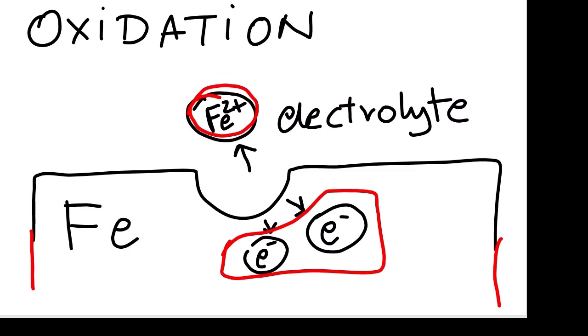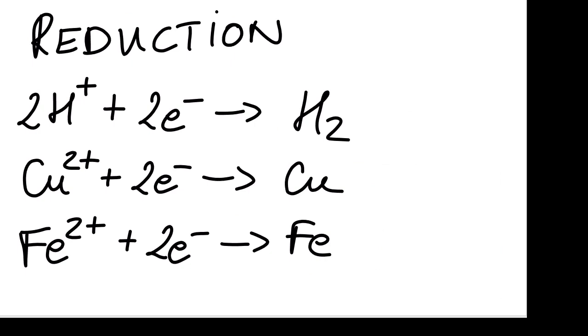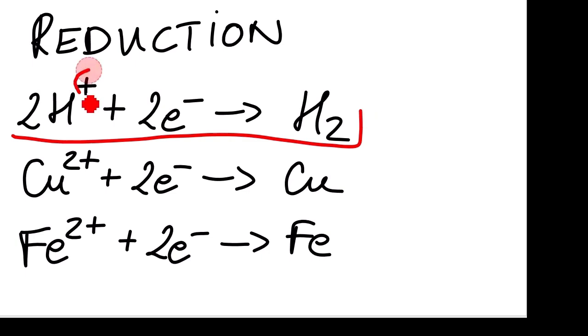So let's now see some examples of reduction reactions. We have 3 examples. The first one is the reduction reaction of the 2 hydrogen cations. You can see that every single hydrogen cation oxidation state is equal to +1. We have 2 hydrogen cations which consume 2 electrons.